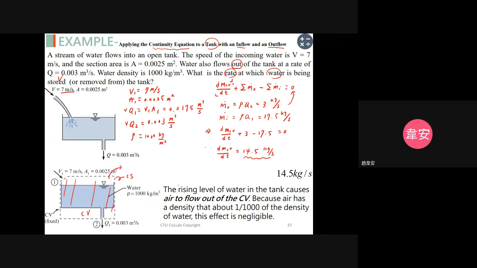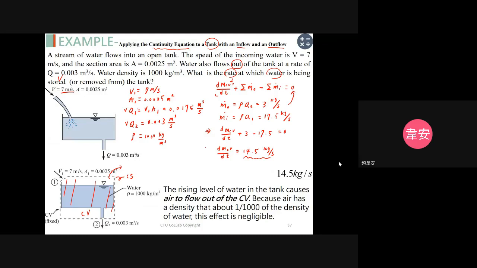So for this problem, even though we know the air will flow out, we don't take it into account in our computing. That's the reason: the density of the air is quite small.